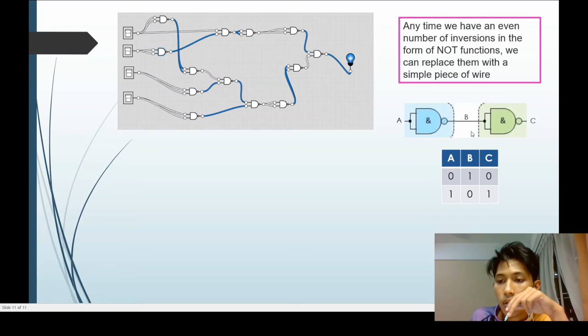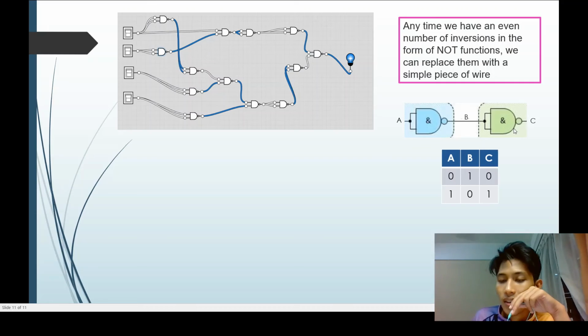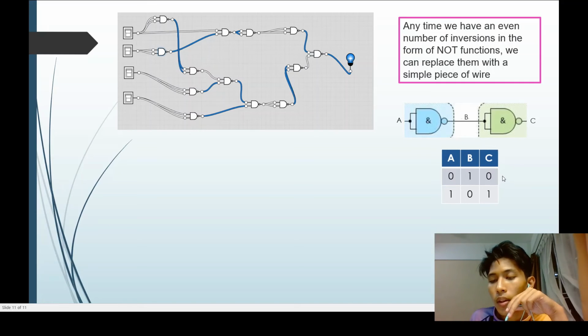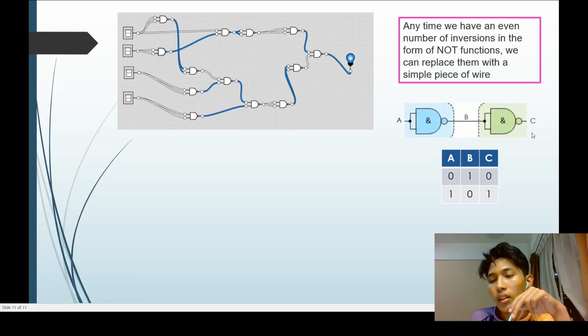Then that goes to the next NAND gate, and it will produce 0. So we can see that the output gets back the original input, like this one is 0, so the input is also 0. So the system gets back the result from the input.